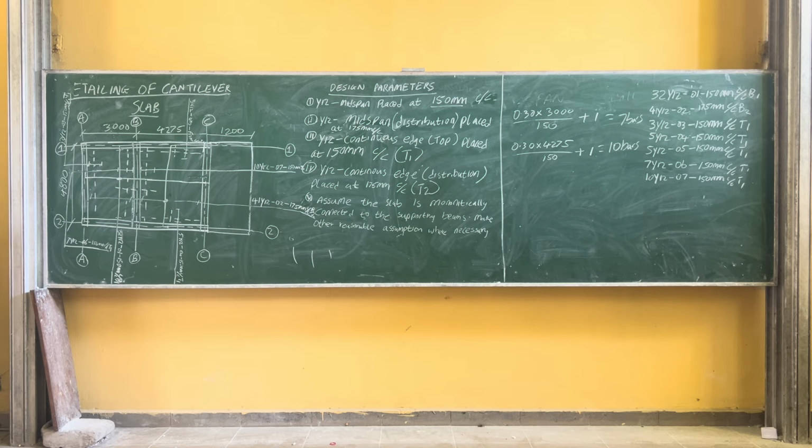After we're done with T2, we enter cantilever. Whenever we design a cantilever, there are only two things we do. Just do this in time. Save. Press Ctrl S now. Save the file.